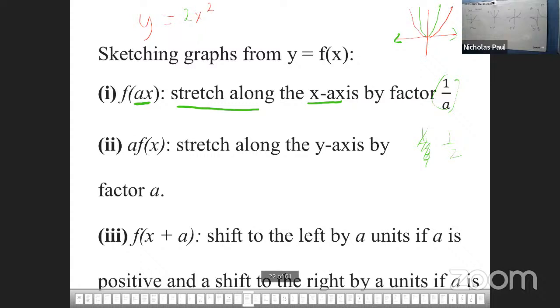Let's change color again. Purple. All right. So let's say I said 1 on 2 x. Then I'm going to stretch it by a factor of 1 over 1 on 2, which is 2.